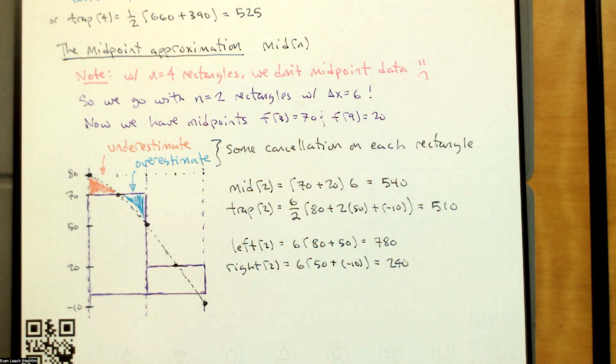So notice that our difference between left and right is much worse. But notice that the difference we have between the midpoint and the trapezoidal rule is much closer.